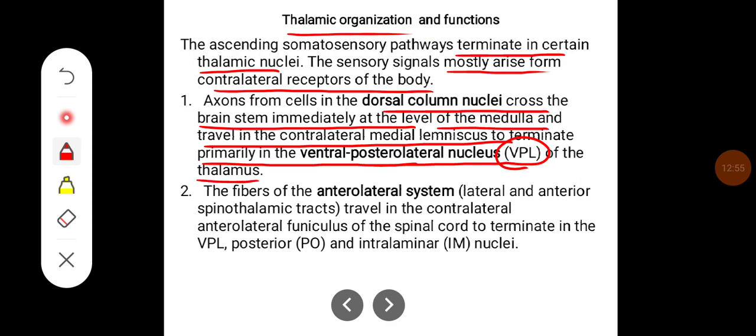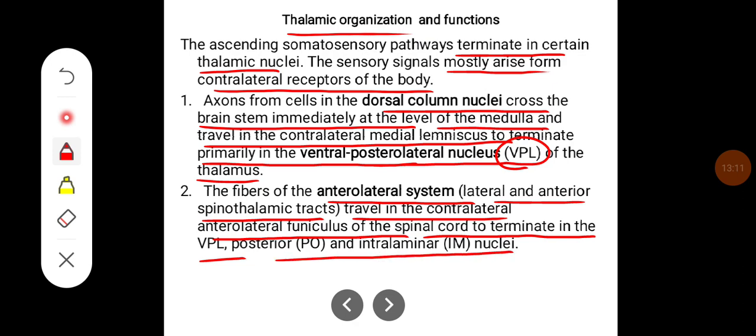The fibers of the anterolateral system, that is the lateral and anterior spinothalamic tract, travel in the contralateral anterolateral funiculus of the spinal cord to terminate in the ventroposterolateral and posterior and interlaminar nuclei.